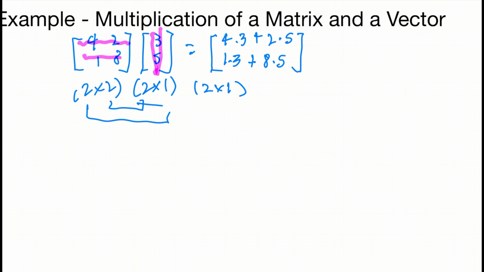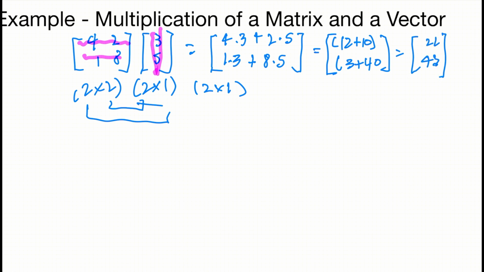Now, to complete the multiplications and additions to get our 2 by 1 matrix, we take 4 times 3, so that's 12, plus 10, and the second element is going to be 3 plus 40, so that's 43. So the result is 22 and 43, and that is a 2 by 1 matrix. So that worked.